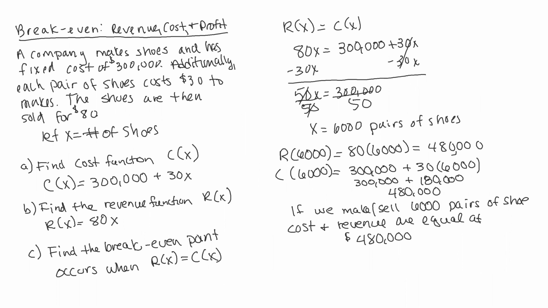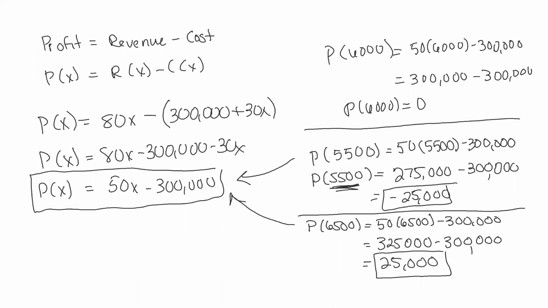So once you figure out your break-even point, that means your profit is 0. Okay. We don't want a profit of 0. We want a positive profit. So in this case, if we knew our break-even point was 6,000, we would try our hardest to sell as many pairs of shoes over 6,000 as possible. The more shoes you sell over 6,000, the greater your profit is. All right. So that is solving systems of equations.